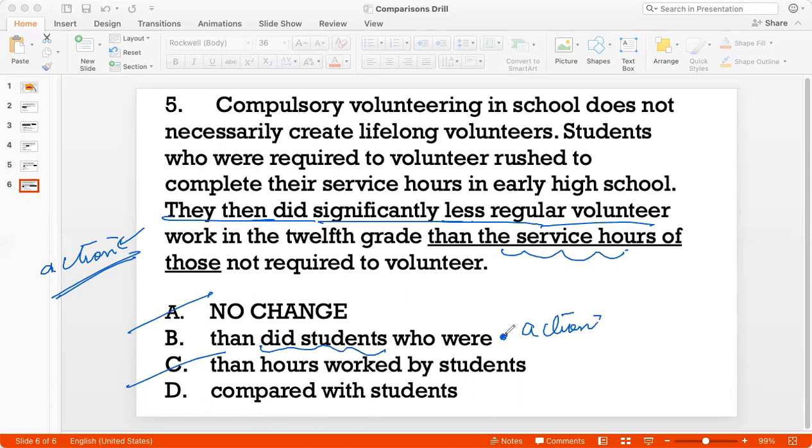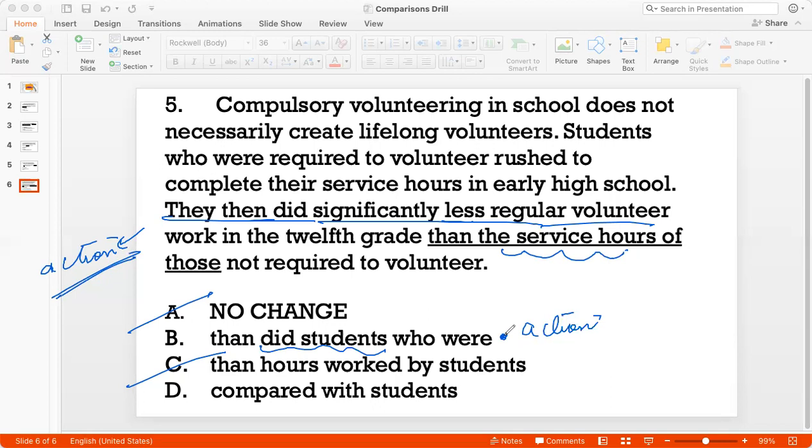Now look at option D. In option D, I'm saying they then did significantly less regular volunteer work in the 12th grade compared with students not required to volunteer. Now, this may seem like a good option. And in fact, a lot of students tend to choose D as the right answer for this. But if you think about it, you are effectively not comparing students with students only.